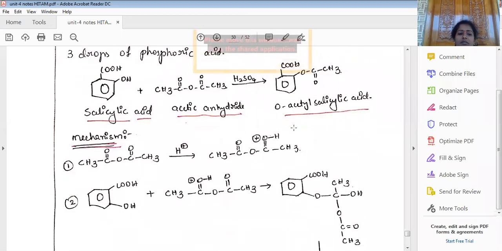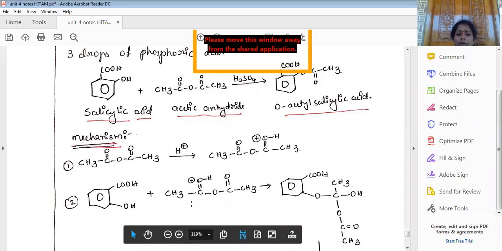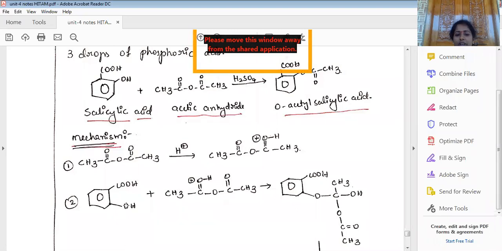Mechanism of the reaction: initially we add the acid catalyst. When the acid catalyst is added, this oxygen is converted into an oxonium ion. Now the oxonium ion containing compound is treated with OH. Here we already know oxygen always carries two lone pairs of electrons.